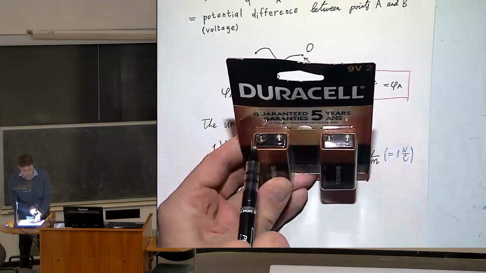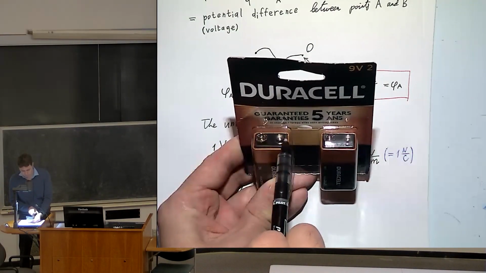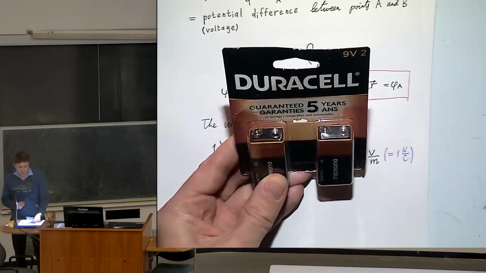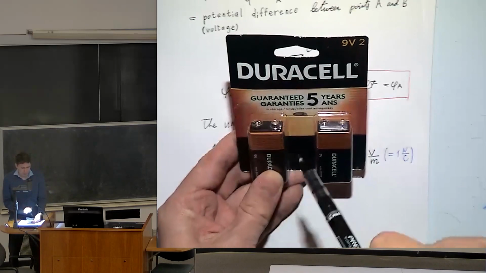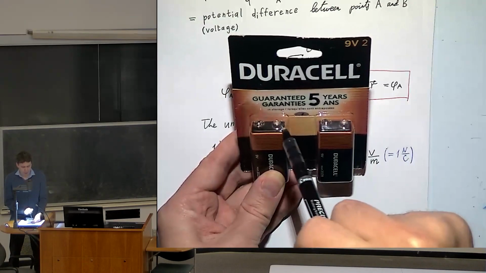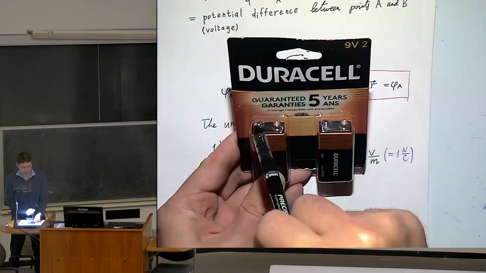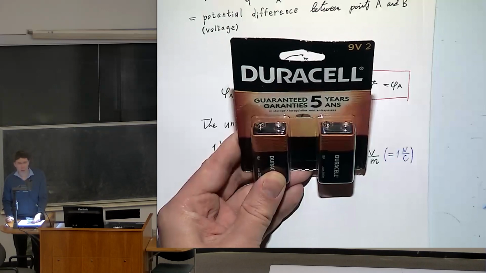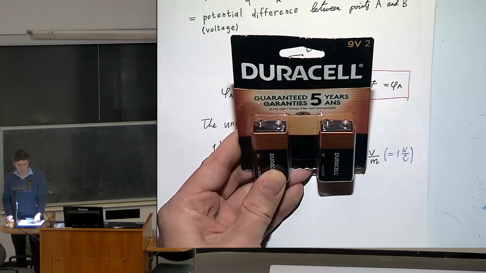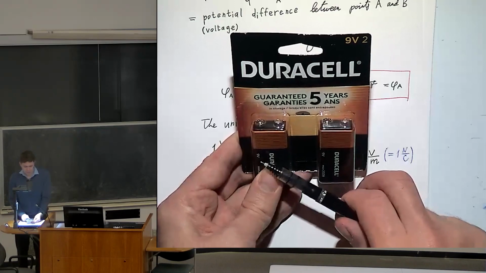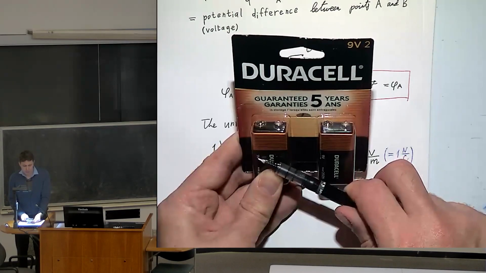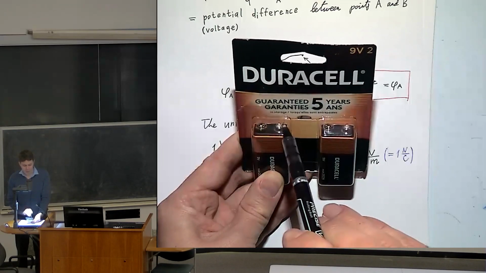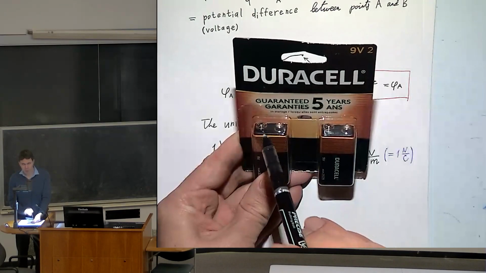So each battery has got 2 terminals, this is plus, and minus. And the purpose of this battery, when you plug it into a device, is to move charge from here to here. So that charge moves through an electric circuit and does useful work. And these 9 volts, that's the voltage difference or potential difference between these 2 terminals.